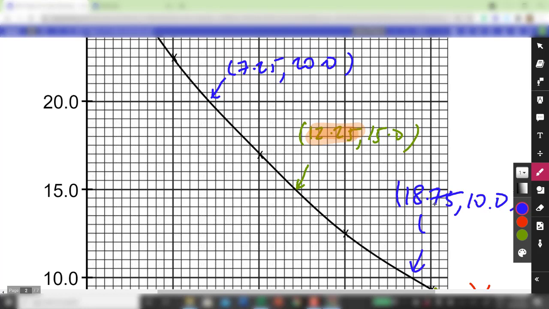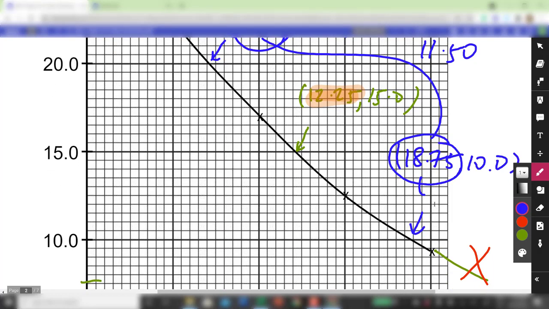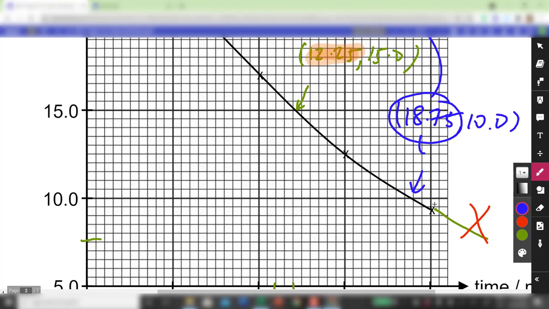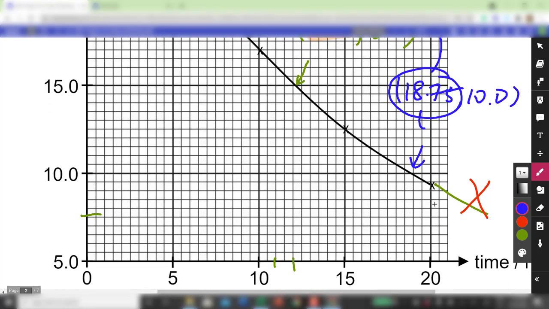If we take the difference between 18.75 and 7.25, I think we get about 11.50 thereabouts. So that's one of the half-lives we can get.